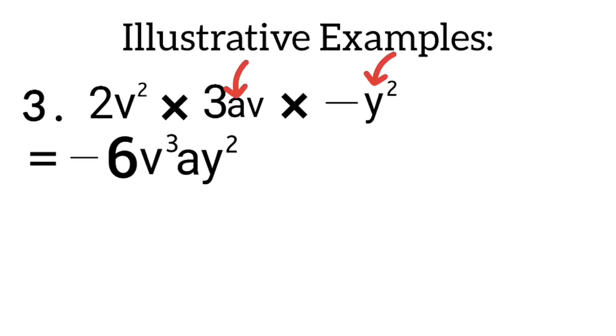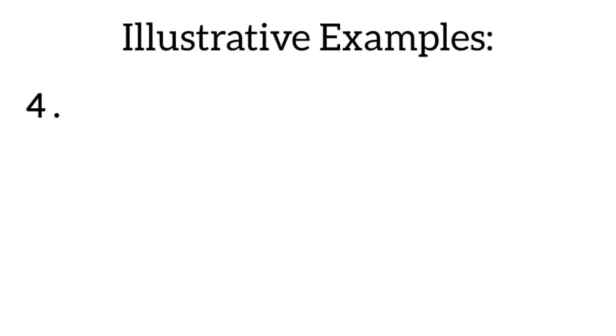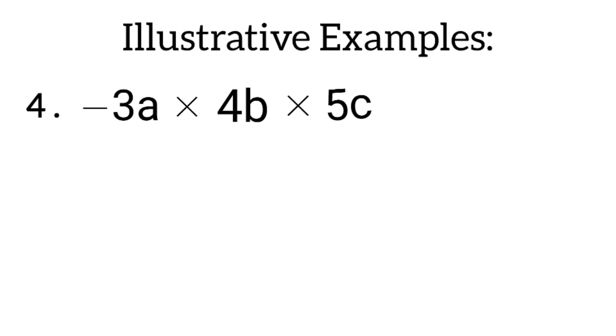By alphabetical order of arrangement, you can also rewrite the final answer as negative 6a v cube y squared. Question number 4. In this question, this multiplies this, which also multiplies this. The numbers in the question are negative 3, 4, and 5.